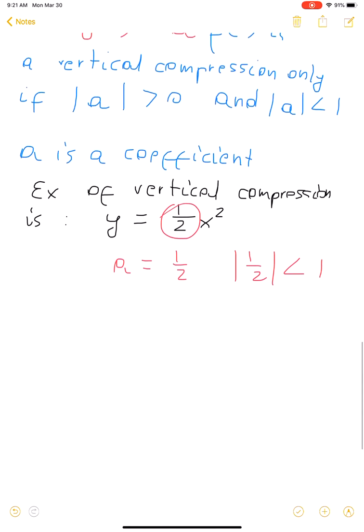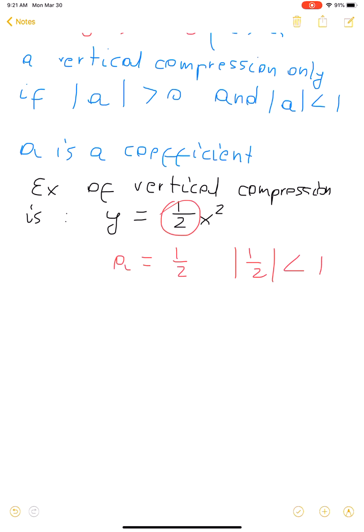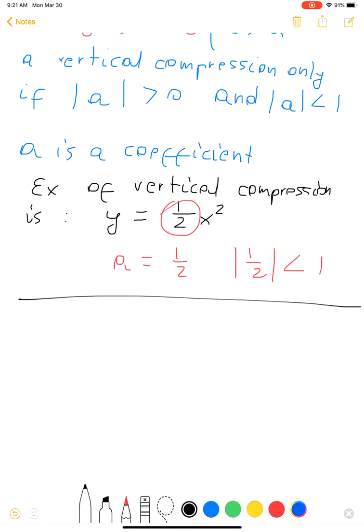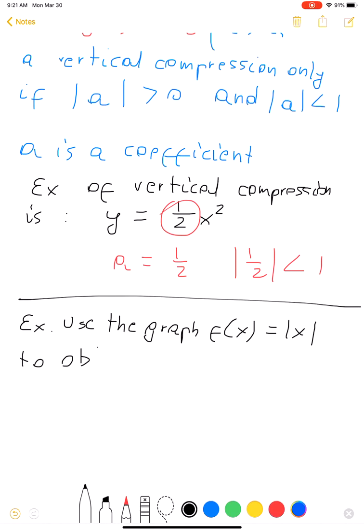So let's do an example with the vertical compression. Use the graph f of x equal absolute value of x to obtain g of x, which is equal 1/2 times absolute value of x.